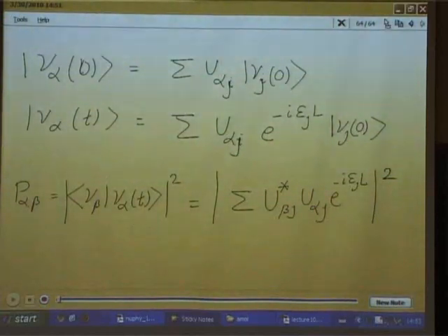So even in vacuum, this is what I was going to do. When I go to matter, all I need to do is, instead of this u, I should calculate the elements of u matter. And this epsilon j, instead of delta m square by 2E, I am going to use the eigenvalues, which are the modified form. These are eigenvalues.